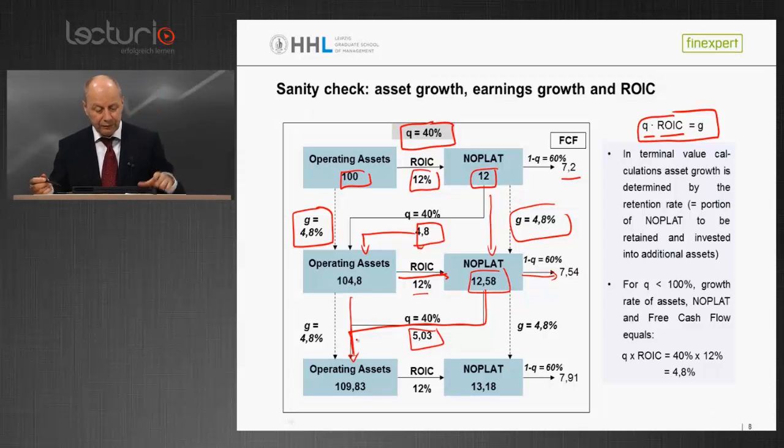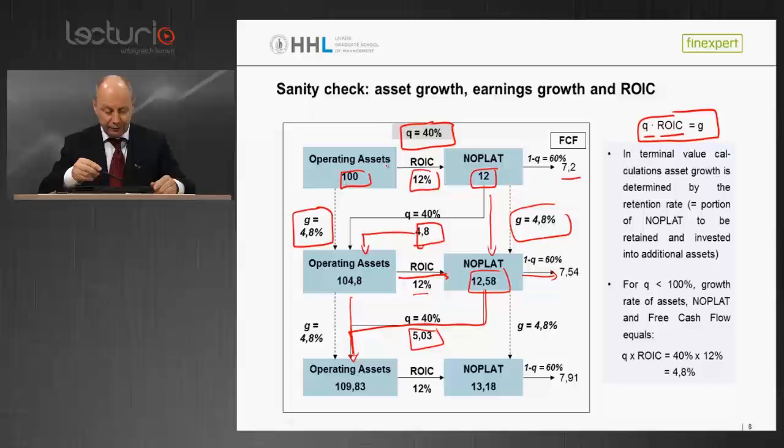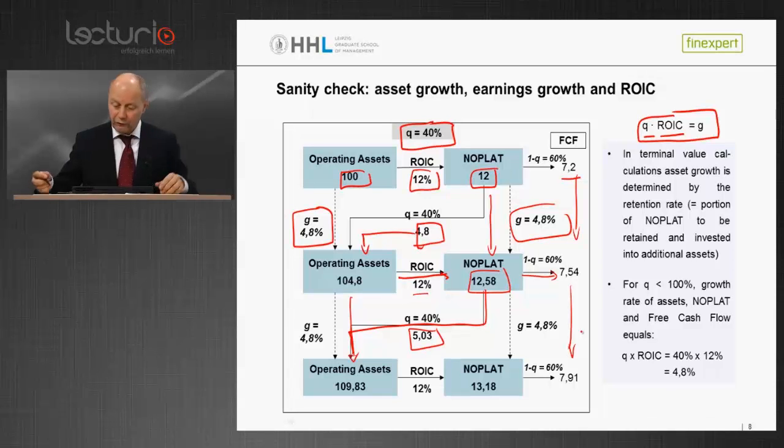And you see that the link here is that Q times ROIC is governing the growth of our operating assets, and by the same token is governing the growth of our earnings, and of course, at the constant retention and the constant payout rate, is finally also governing the growth of our free cash flow.